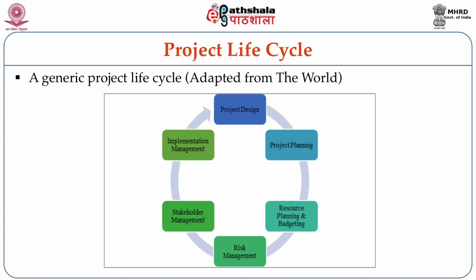You also have to look at what probable risks will come in and how you will manage those risks. Then you develop a sustainable management plan, so that whatever you are implementing becomes sustainable. You are also looking at stakeholder management and implementation management, and that's the cycle you are looking at when you look at a project cycle.